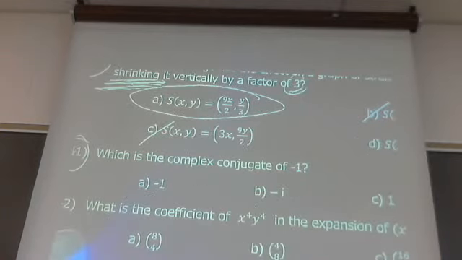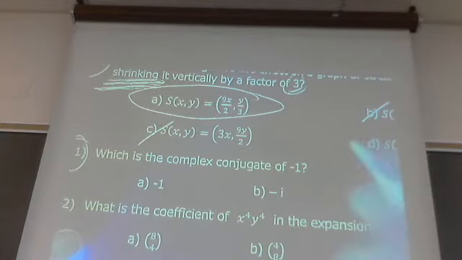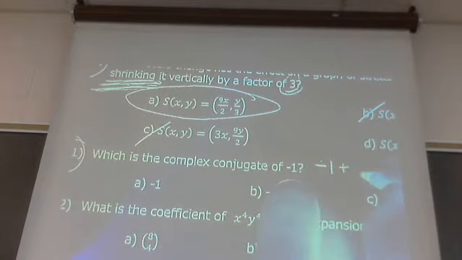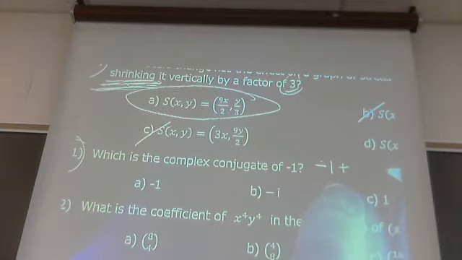Which is the complex conjugate of -1? Well, folks, what is the imaginary portion of the number -1? -1 plus something i. What is it? 0i. Correct. That's why we never write it down, because it's 0i.